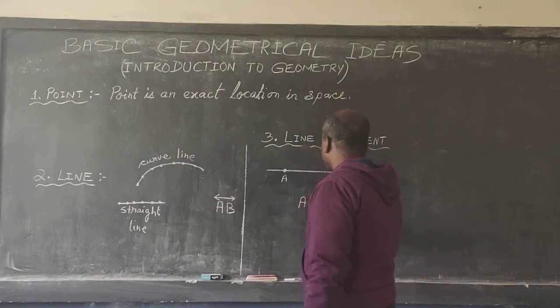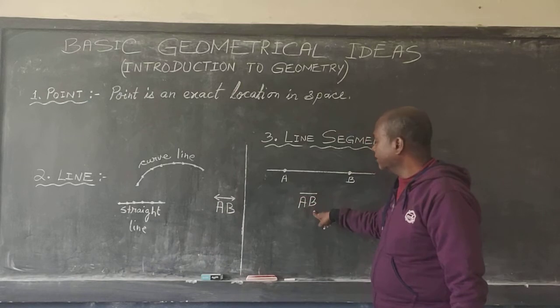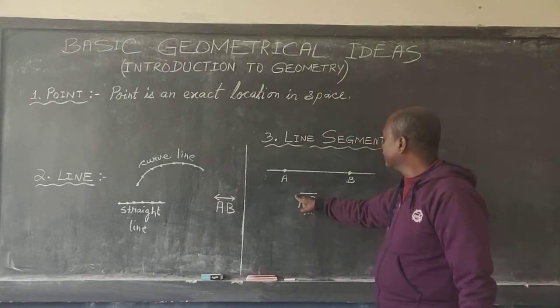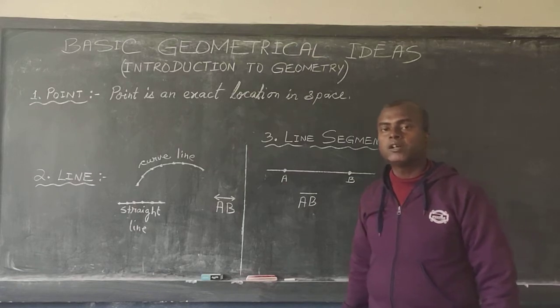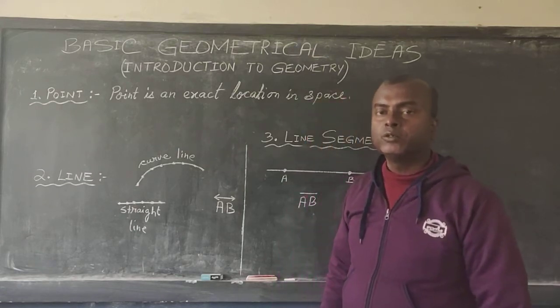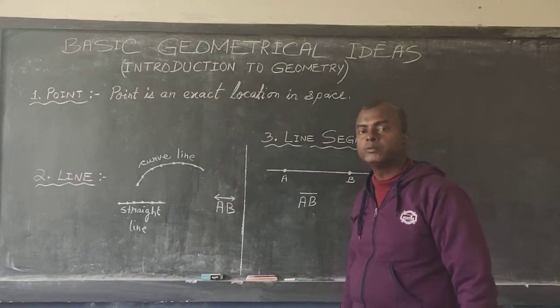It will be denoted like this. Just like in a line, but with a little difference. There is no arrow. Remember, what does the arrow say?